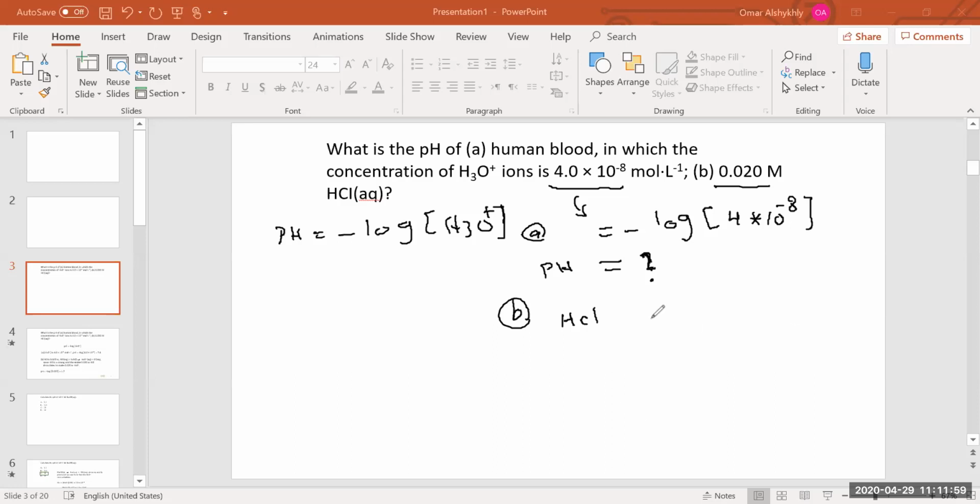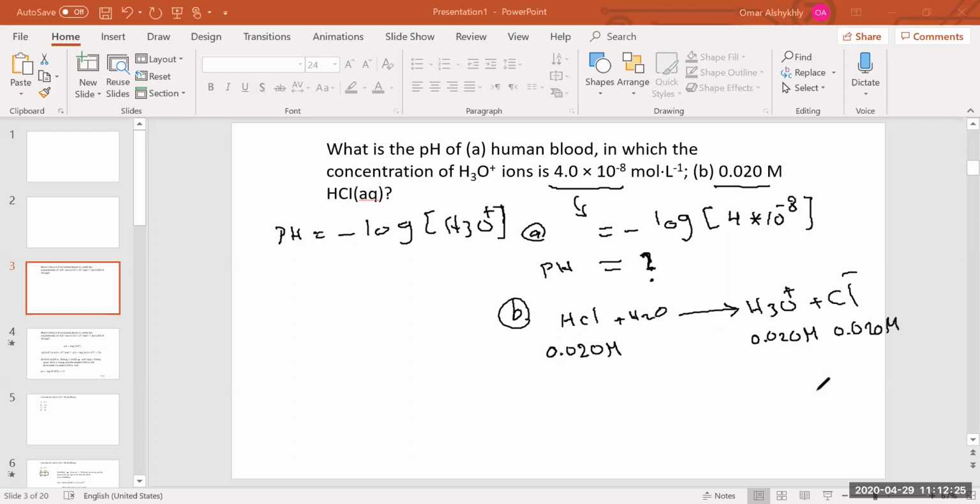So HCl, because it's a strong acid, when reacting with water, will dissociate completely to give you H3O positive plus Cl negative. Because it's a strong acid, 0.020 molar will dissociate to give you 0.020 molar and 0.020 molar.